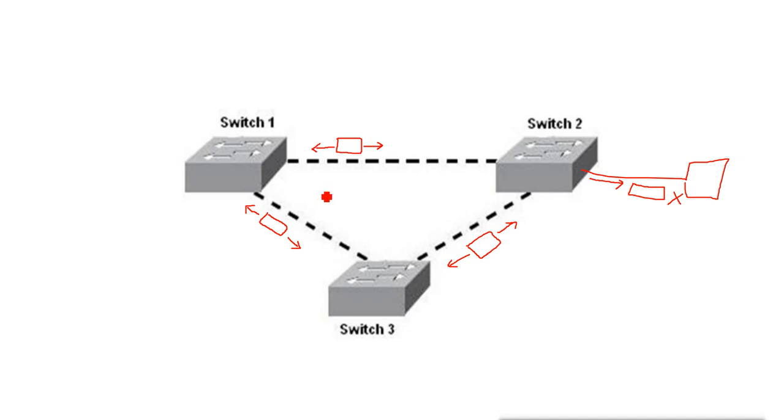Bridge priority is basically the combination of the bridge ID, which we can also call the switch ID, and the VLAN number.